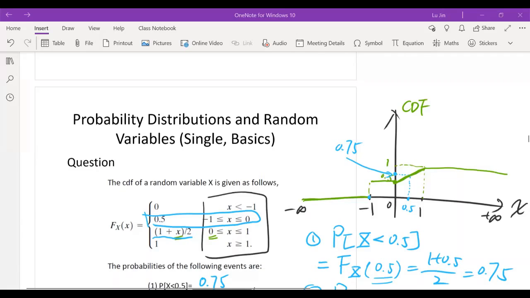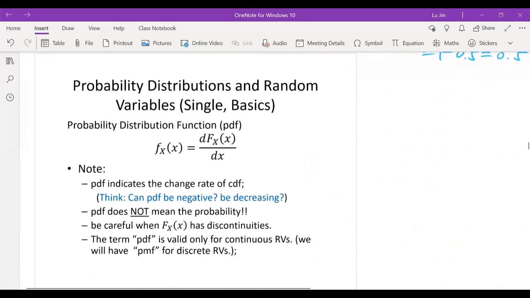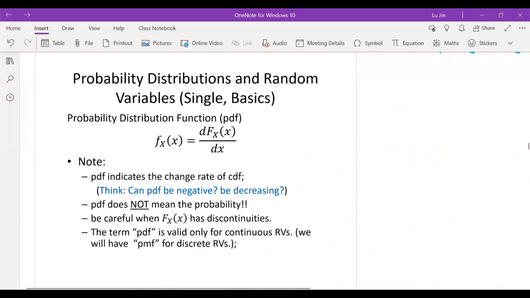Okay, now let's move on to introduce the second one, which is the probability distribution function, or you can call that PDF in short. The notation for the PDF function is similar to that of the CDF function, but we don't use the capital F anymore.